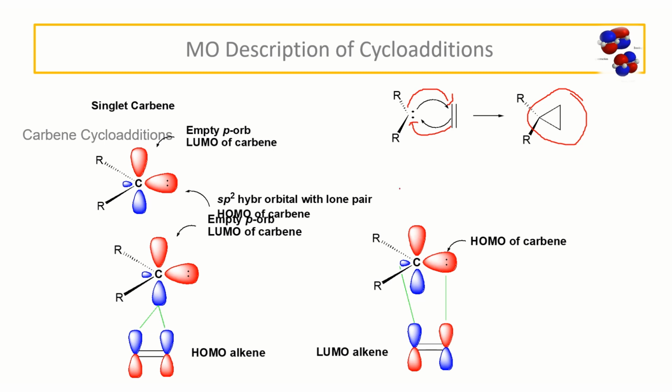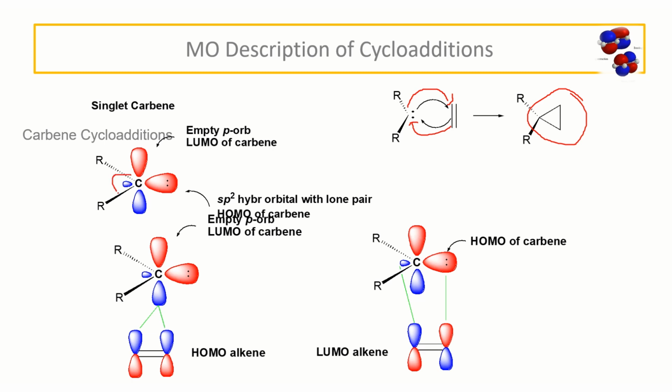What I want to show you right now is that it is a cycloaddition because you start off with this carbene. You can see that the empty p orbital is the LUMO, and this sp2 hybrid is acting as the HOMO of the carbene.